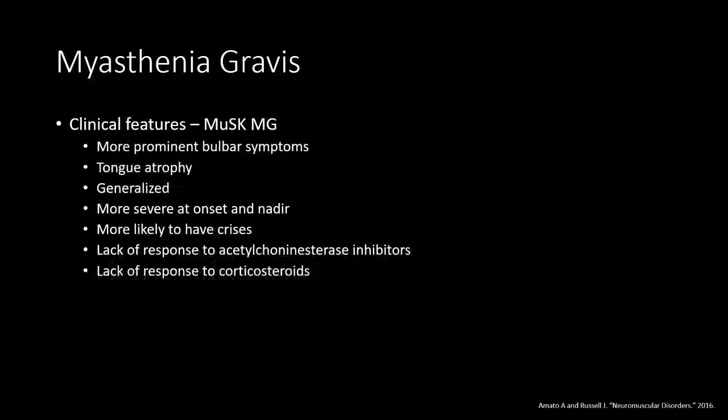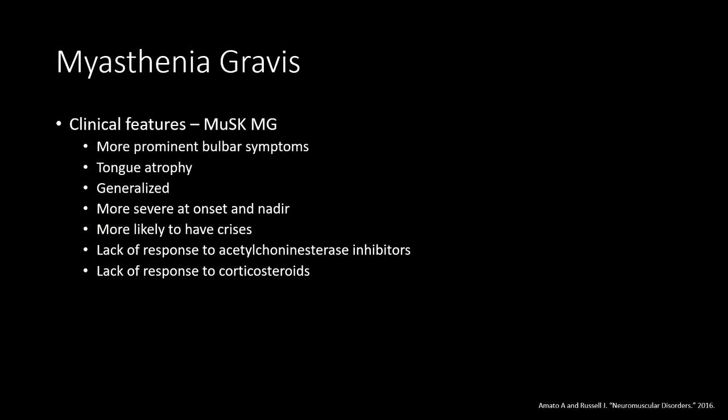Like I mentioned before, MuSK myasthenia can look very similar to acetylcholine receptor binding antibody myasthenia, but patients can have some differences. They often will have more prominent bulbar symptoms. They can actually develop muscle atrophy involving the tongue, which is pretty uncommon in acetylcholine receptor myasthenia gravis.